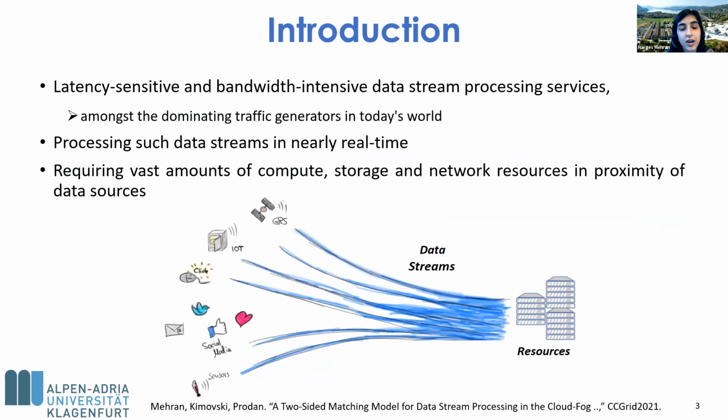The digital world around us is witnessing an exponential growth in the amount of data being generated in the presence of internet connectivity. Latency-sensitive and bandwidth-intensive data stream processing services, such as live video processing, social media-based applications, or IoT-based applications, are amongst the dominating traffic generators in today's world.